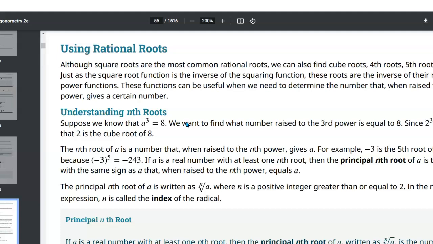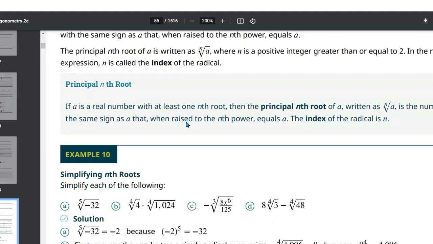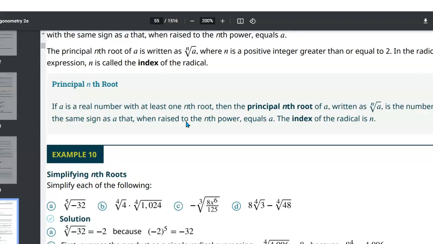Now we'll move on to rational roots. Now the principal nth root, you remember how when we take the roots of 25, technically there's a 5 and a negative 5. When we do the principal square root, it is positive 5. The extraneous square root is negative 5, because both positive and negative 5, if you put them in parentheses, will square to 25, right?